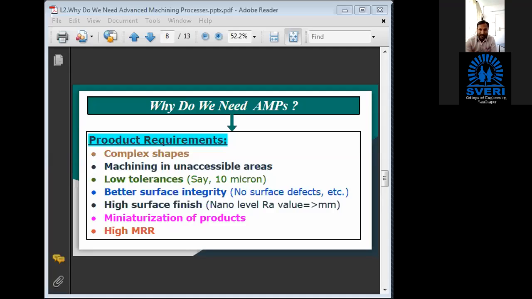You can use the internet with today's smartphones, send emails, and do financial transactions with the help of mobile phones. Everything is compacted into a small size product, that is your mobile. It is called the miniaturization of the product, from landline to smartphone. That is another aspect of using advanced machining processes.